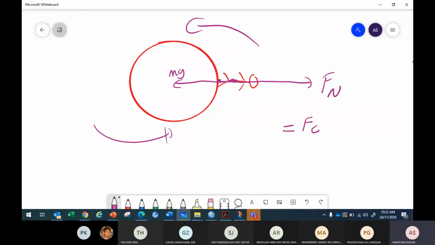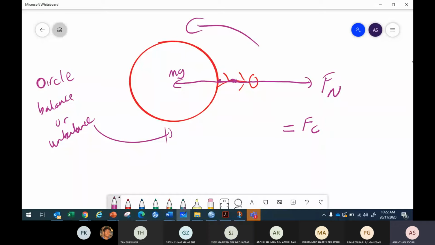Where's your net force? If you move in a circular path, are you acted upon by balanced or unbalanced force? Do you accelerate when you move in a circle? You accelerate towards the center of the circular path, right?